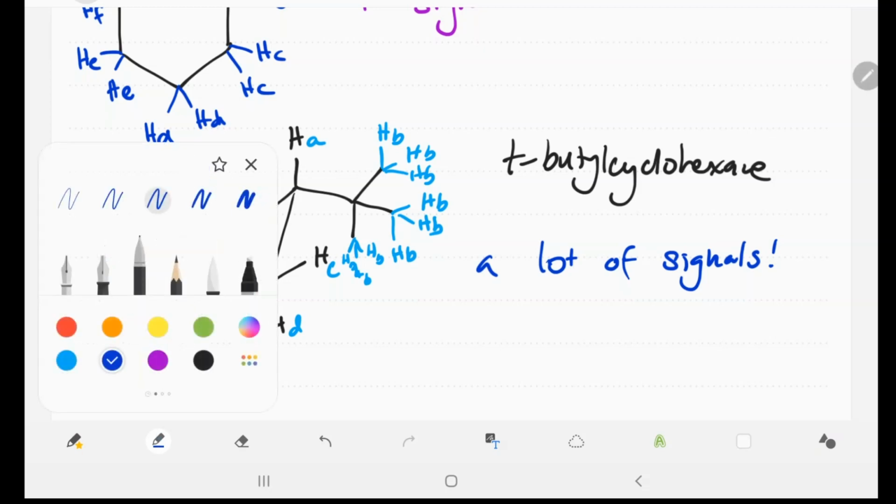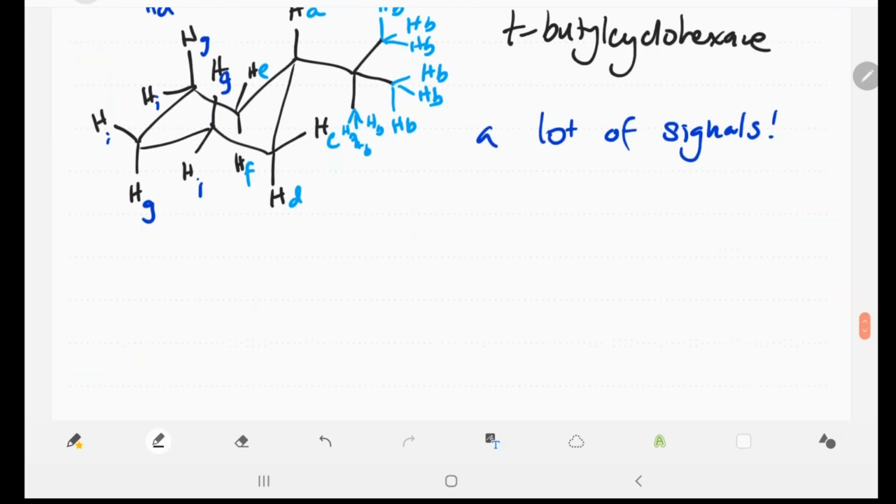All right, let's take a look at some more normal molecules and see what we can do here.